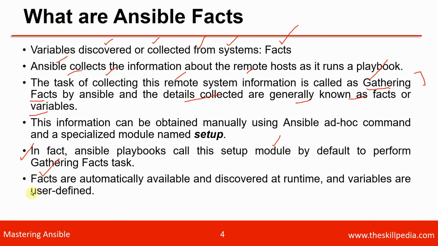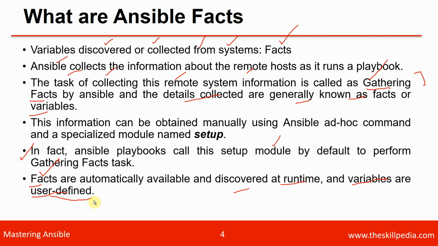The facts are automatically available and discovered at runtime, whereas variables are user defined. So the only difference is if you as a user create a variable, that is a user defined variable. If it is already existing information about the remote machine, about the target, that is called a fact.